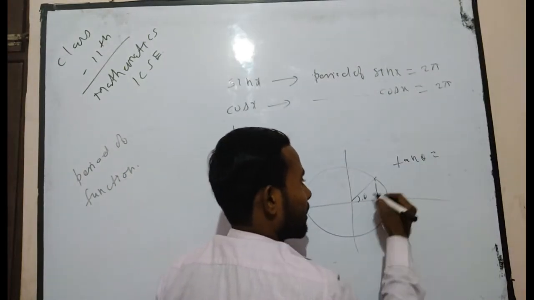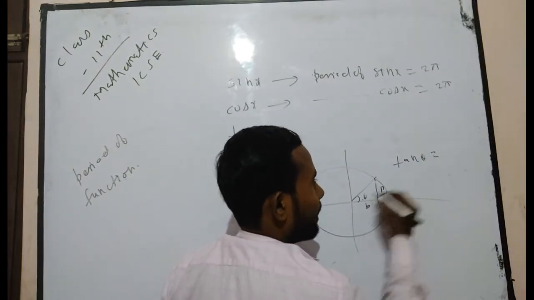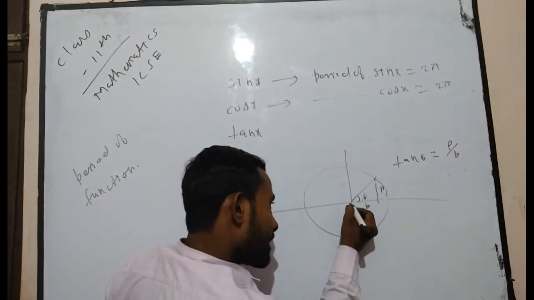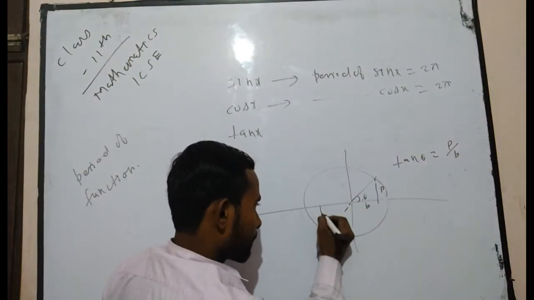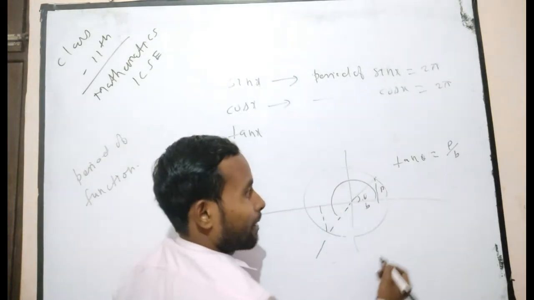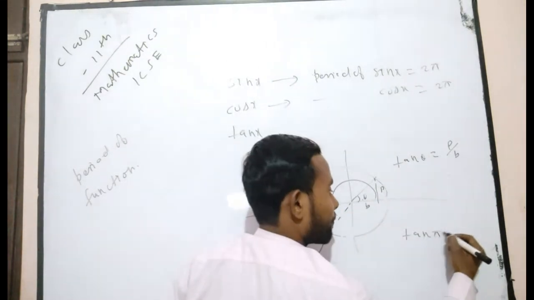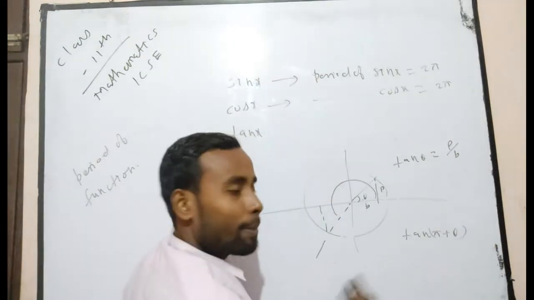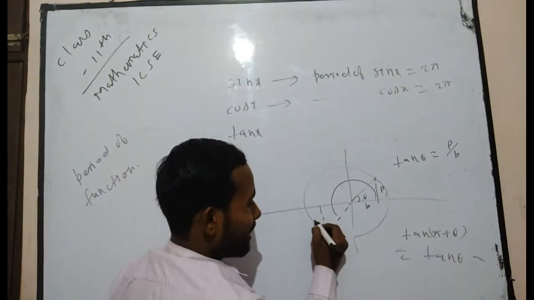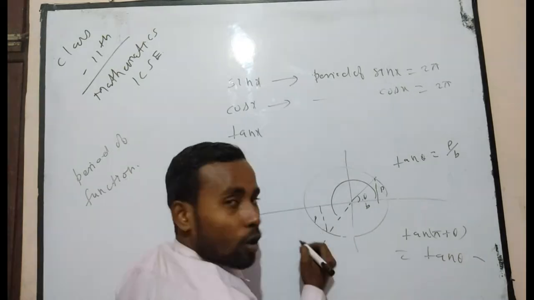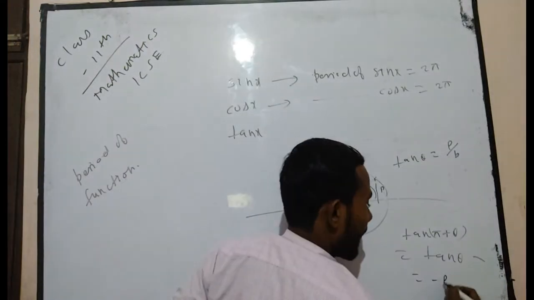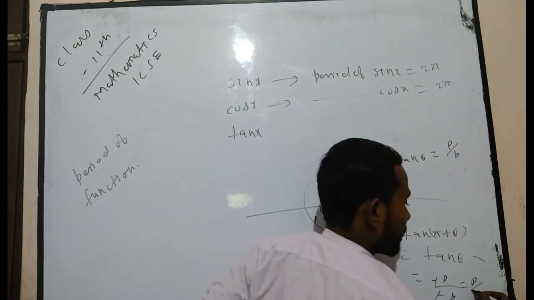Tan theta is equal to P by B. Now, if you take its reverse, it represents pi plus theta. Do you know tan(pi + theta) is also tan theta? Why? Because P is negative and B is also negative, so it will be minus P by minus B. Minus cancels, so it is also P by B.